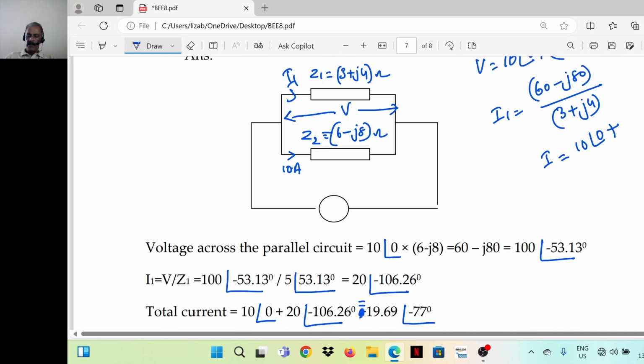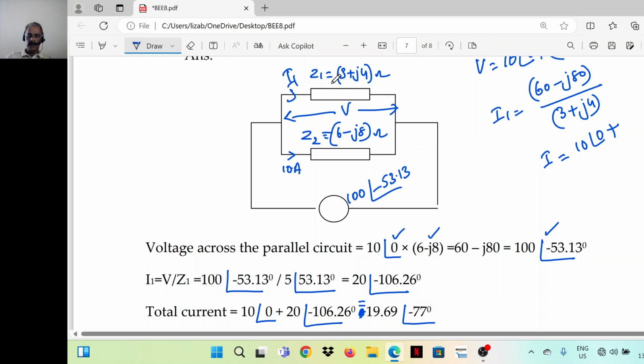So the voltage across the parallel combination is 10 angle 0 into (6 minus j8), that is 100 angle minus 53.13 degrees.